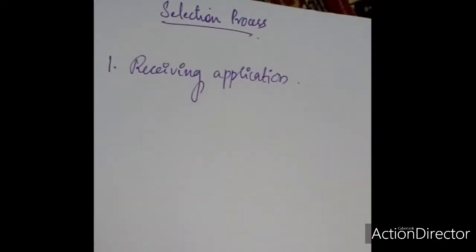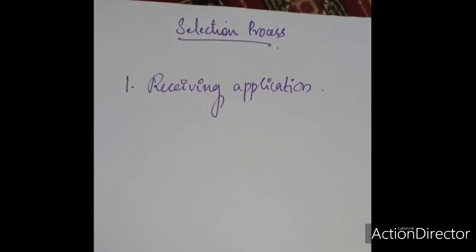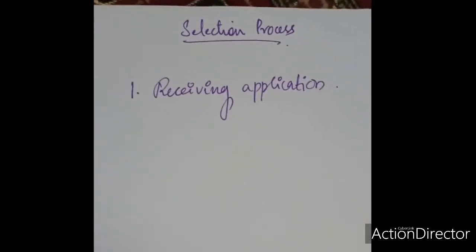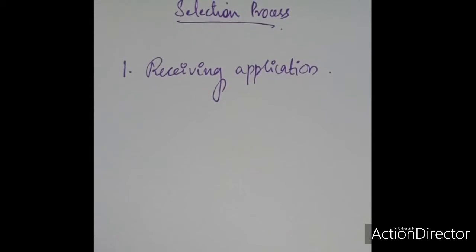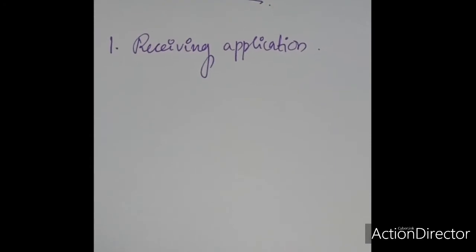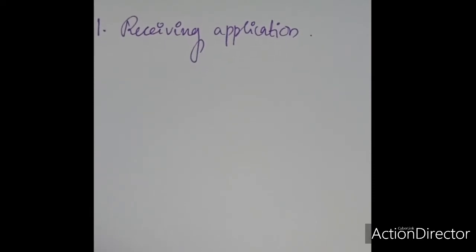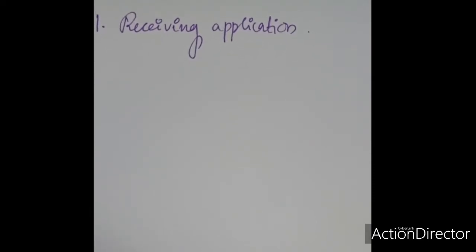It is a worldwide phenomenon that the first step for the selection process is receiving the application form. The form will be filled up by the candidate who is applying for the job, and in that form there will be necessary details of the candidate like age, marital status, educational qualification, previous work experience, etc.